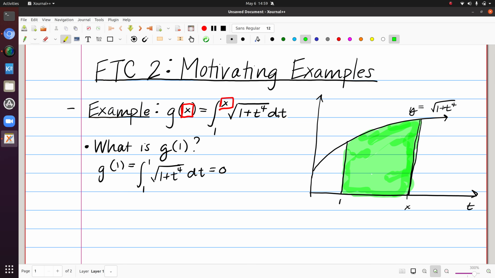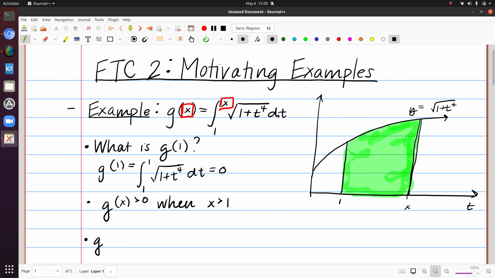And so we can start to think about moving x. Would that increase the area? Would it decrease the area in different parts? So in particular, for fixed values, we could say g of x is positive when x is strictly greater than 1, because we're integrating from 1 to a value somewhere to the right, and I know that my integrand is positive.